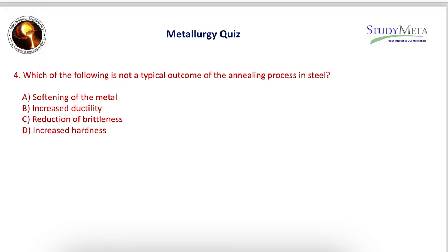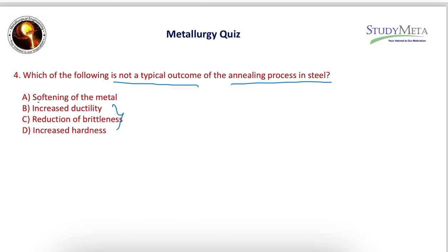Which of the following is not a typical outcome of the annealing process in steel? So when you are doing annealing of a steel, what could be not a typical outcome? You can see the first option is softening of the material. This is an outcome of the annealing process. Increased ductility, yes, this is also an outcome of the annealing process. Reduction of the brittleness, which is again the same thing.